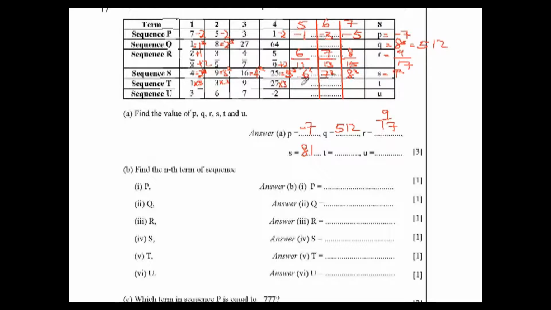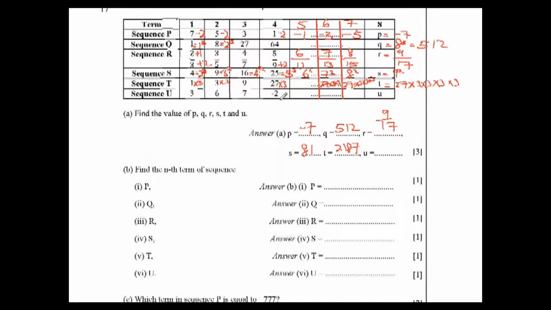And for the sixth term, it should be 27 times 3 times 3. And for the seventh term, 27 times 3 times 3 times 3. And for the eighth term, the value of T should be 27 times 3 times 3 times 3 times 3, where the value is equal to 2187.